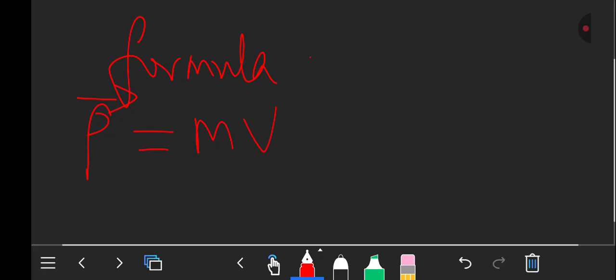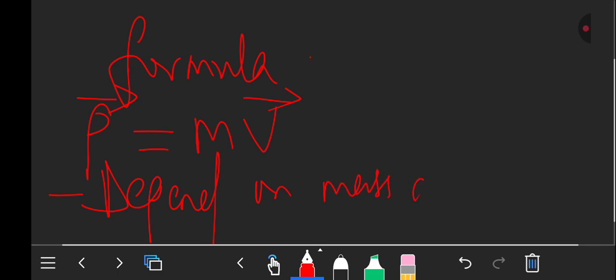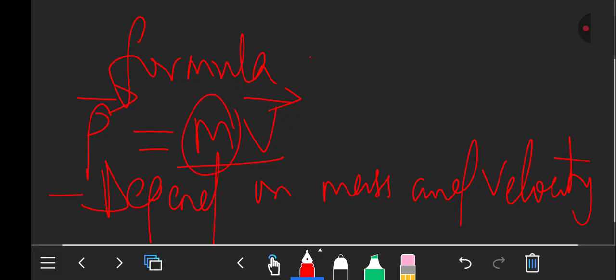So it is mass multiplied by the velocity. What does it suggest? This suggests that linear momentum depends on mass and velocity. So linear momentum depends on the mass and the velocity of that body.